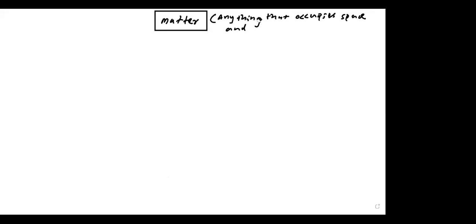Or else you can write: things that occupy space and have a mass. You had better copy this down in your writing book, the summary or introduction to this lesson.